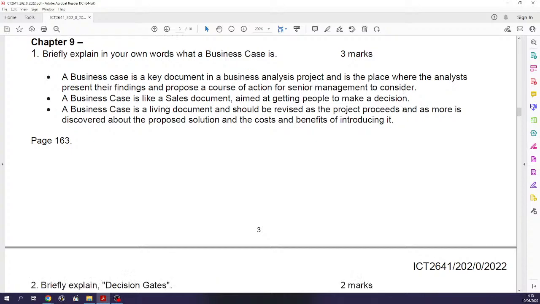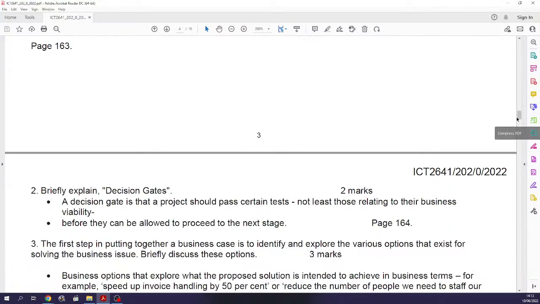I would try to structure my answer, not necessarily in bullet points, but concisely, so they can read it, compare with the memo and say, all right, this guy knows what he's talking about. Let's give him the 3 marks, give him the 2 marks, whatever.